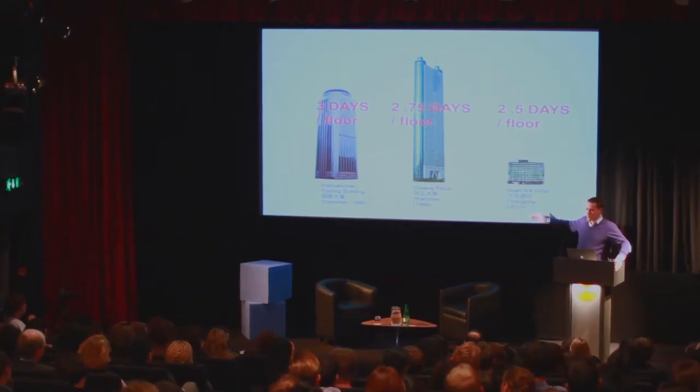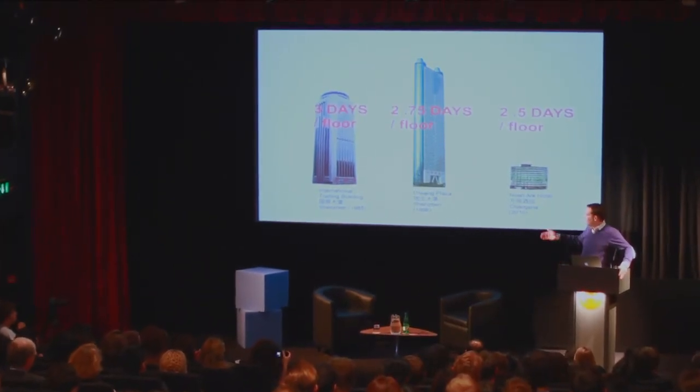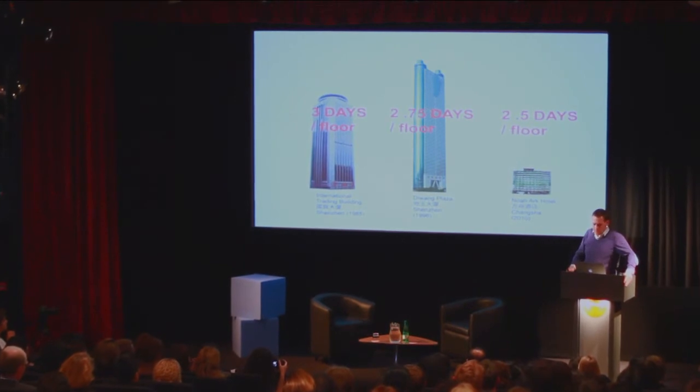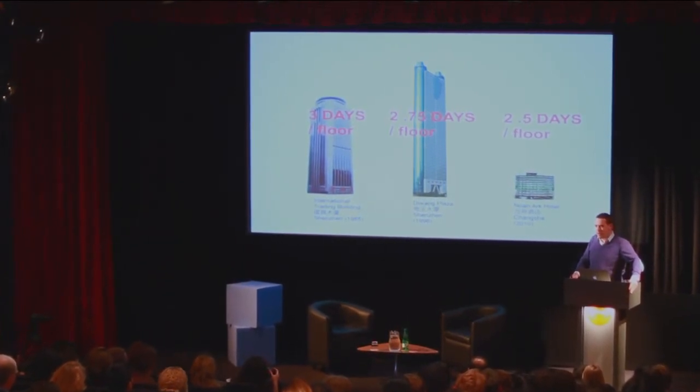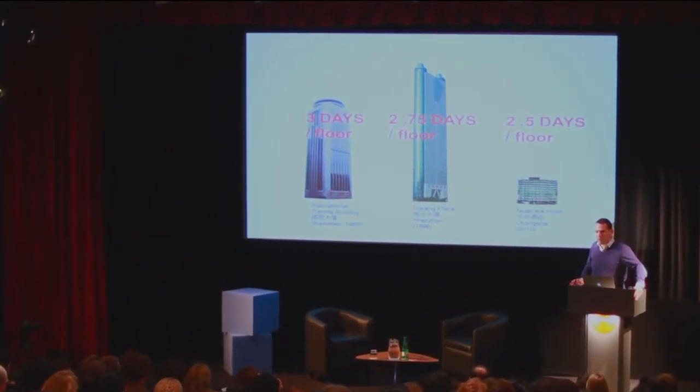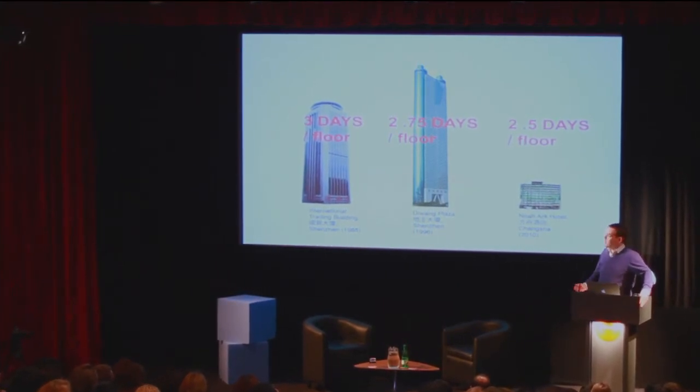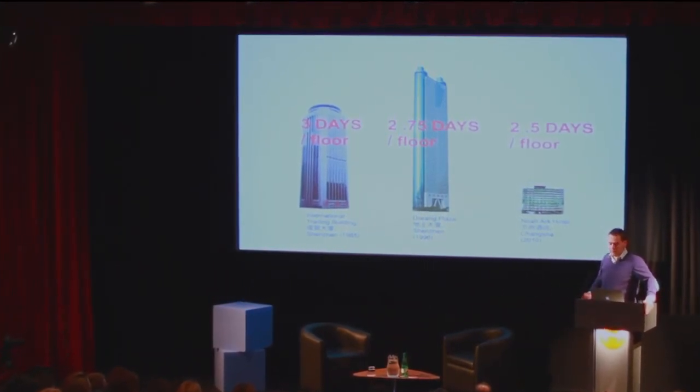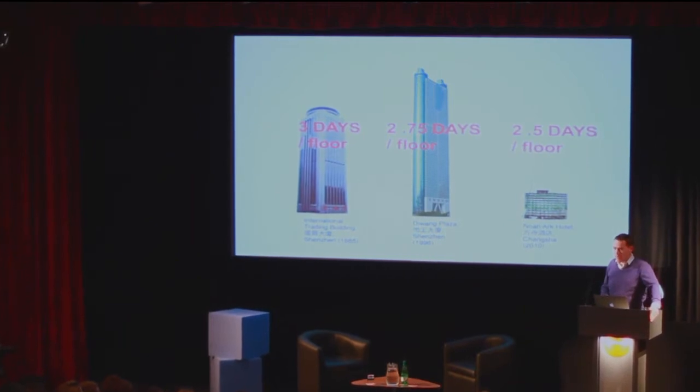An example in Shenzhen I want to point out, because it's almost next to our stock exchange, the Daiwan Plaza, was built at 2.75 days per floor. It has 55 floors, so you can understand how fast that building was realized. At the moment, 60% of the elevators produced in the world find their final destination in China.